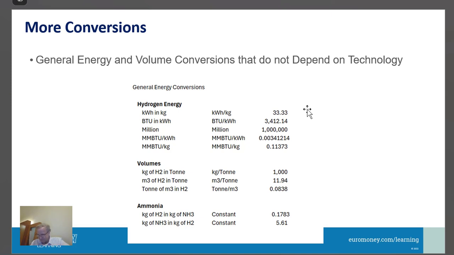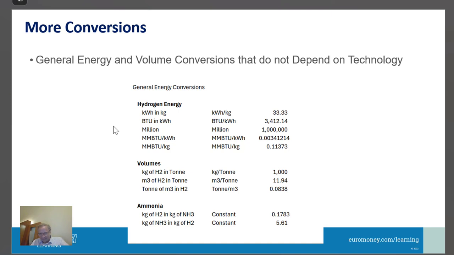That's an energy value, which is just a different way of stating the amount of hydrogen. You can measure hydrogen in kilograms, and take those kilograms and measure the same energy value in kilowatt hours. You can do the same thing with BTU and kilowatt hours. Engineers always look at this number, and then we can convert it to MMBTUs, and take the MMBTUs and multiply by 33 to get this famous number for the energy value of hydrogen in terms of MMBTUs and kilowatt hours.